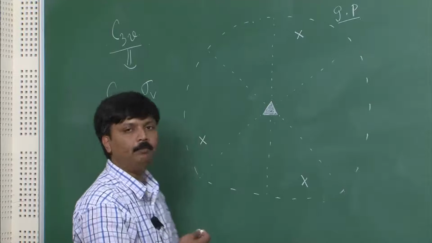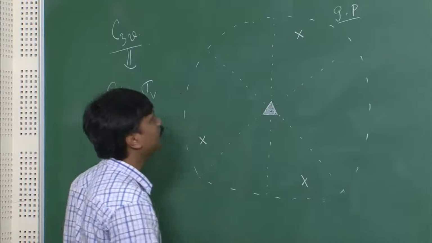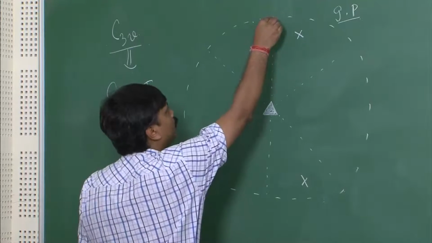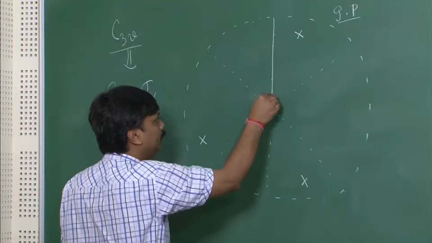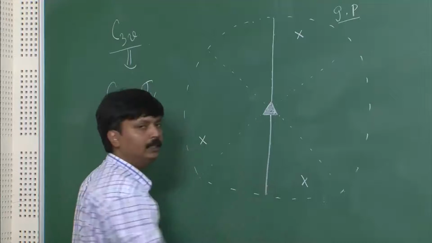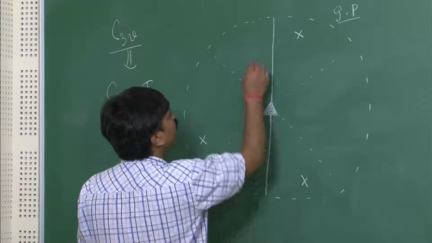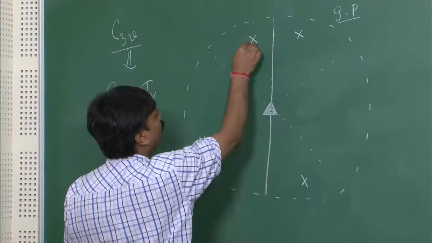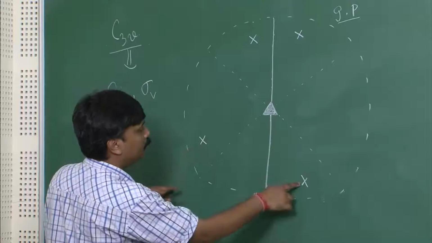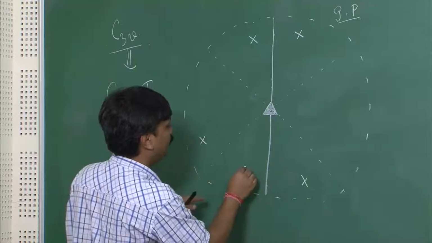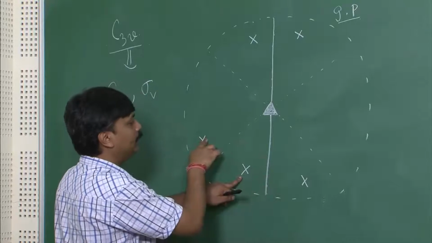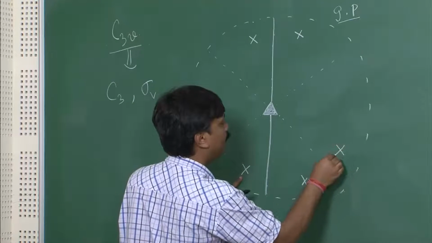I have sigma v's, so next I have to operate a sigma v. First, I take this one as one of the sigma v's. Then I will get one right here. Now, this point here will have a point over here if I reflect it, and then this one will have a similar point here.